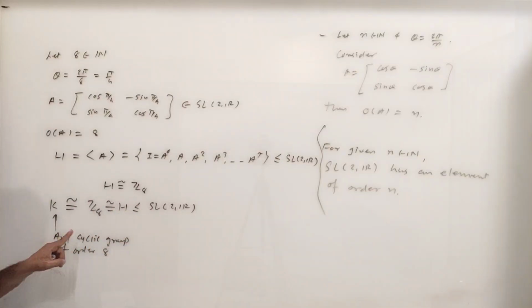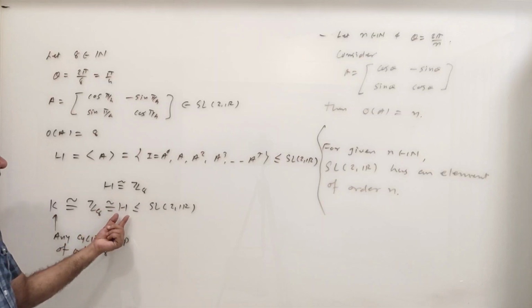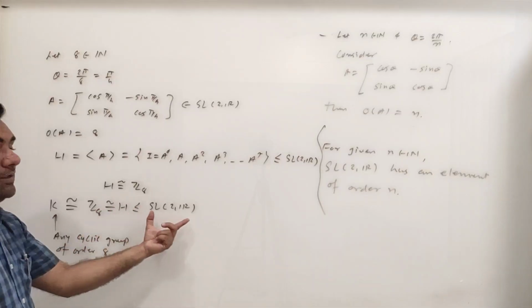So it means any cyclic group of order 8 is isomorphic to some subgroup of SL2R.